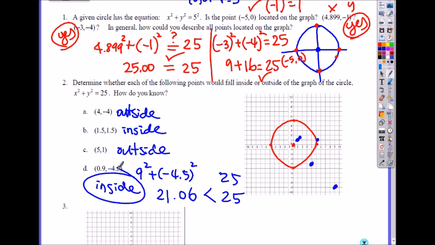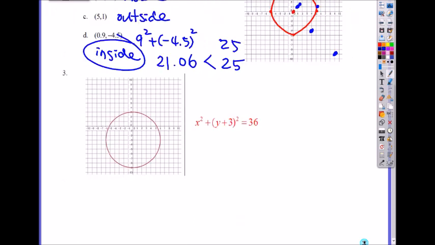Okay. Number 3. So here, we're just checking whether this equation represents that circle. What would you do first? Find the center and radius of the circle. So here, the total distance, which is the diameter, is 9 plus 3, 12. So what's the radius? 6. So you go up 6. Right?